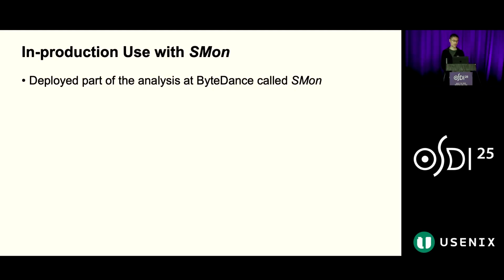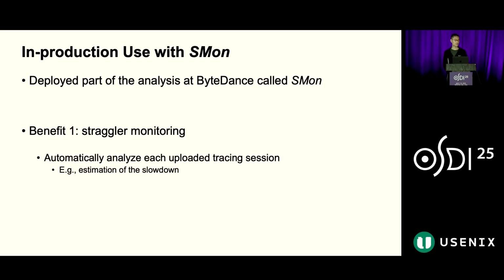And now I would like to talk about how we use our analysis in production to detect stragglers. Part of this analysis has been deployed at ByteDance in a monitoring service called SMon. It has provided two benefits for us. First is that it can continuously monitor all running jobs in real time for straggler detection. This is because in our cluster, we have a default-on profiler that traces every running job and uploads the trace periodically.